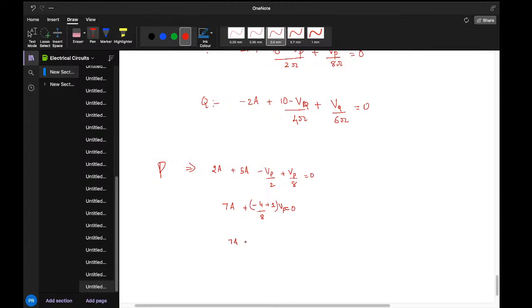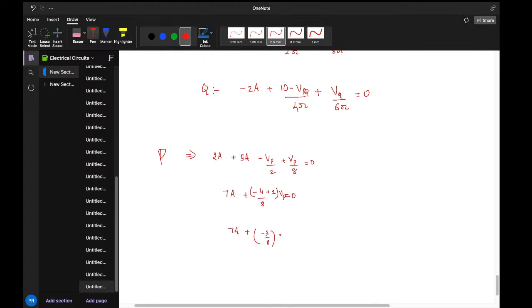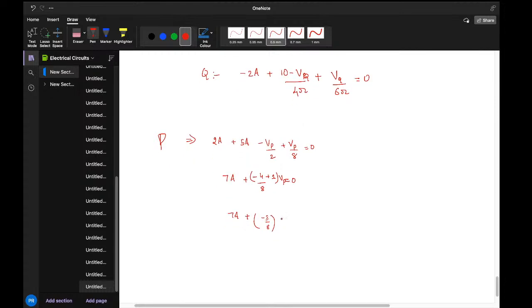So 7a, let's make it like this, 7a plus minus 3 by 8 V of P is equal to 0.